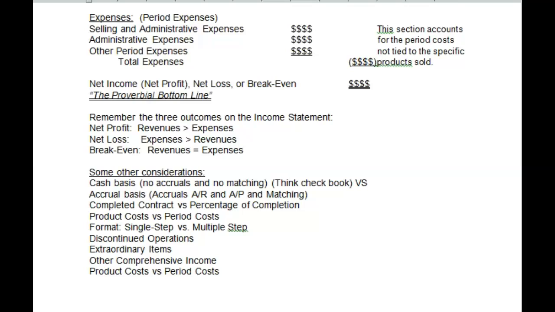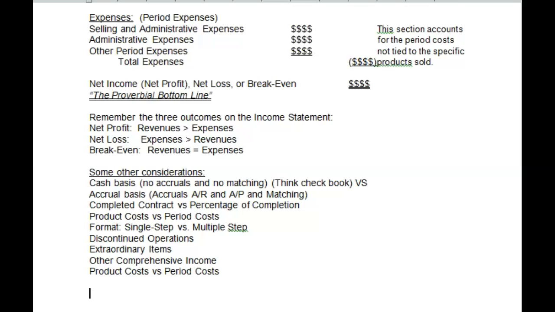Then you can get into discontinued operations, extraordinary items. We've talked before about other comprehensive income. Again, the income statement can be as simple or as complicated as you need it to be.